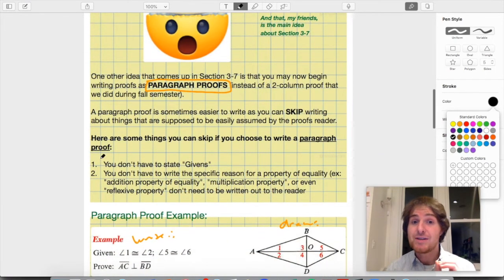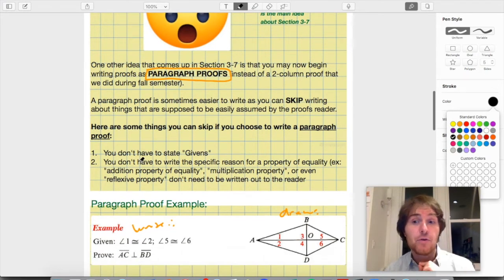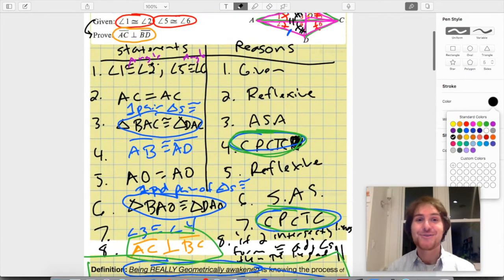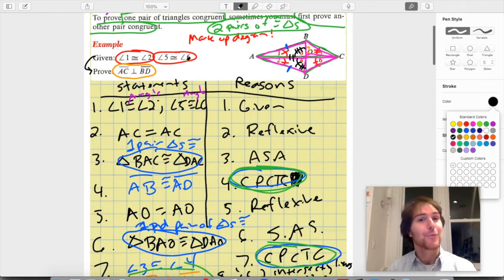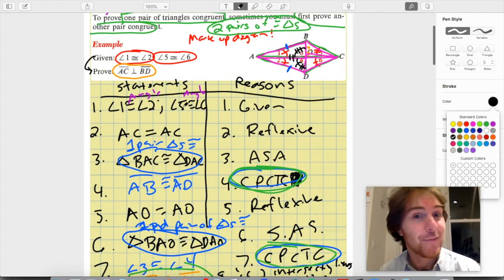Here are some things you can skip if you choose to write a paragraph proof instead of a 2-column proof here. One thing in a paragraph proof you don't have to write, you don't have to state your givens. Oh my goodness, that's so nice. You know how the first step of every proof essay is just, hey, write your given premises and proof statements here, draw your diagrams. First step is you gotta write the given premises again.